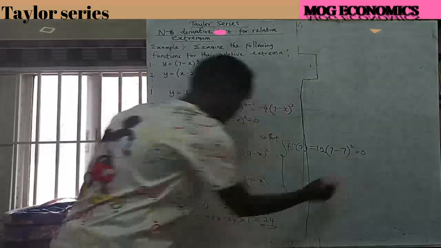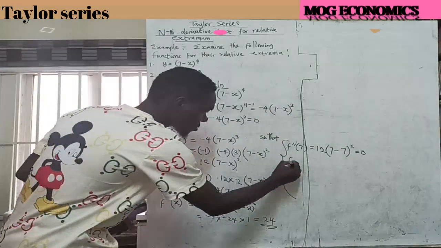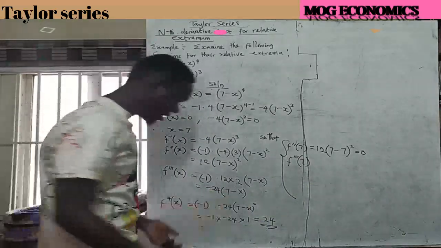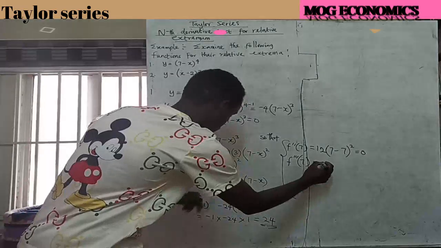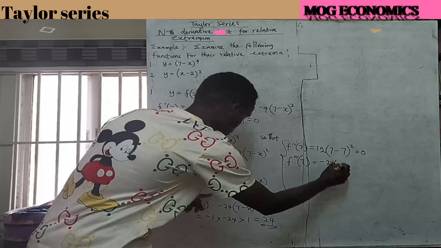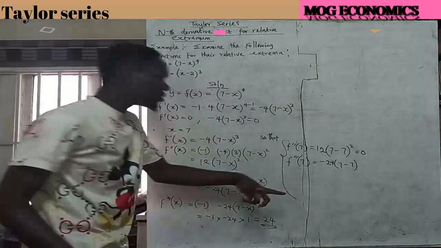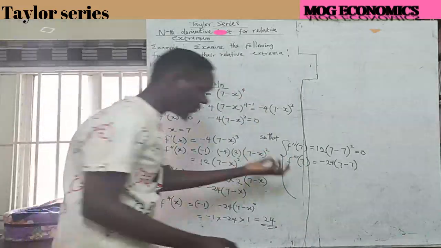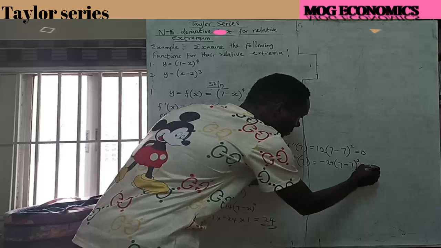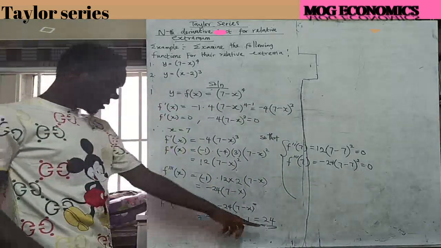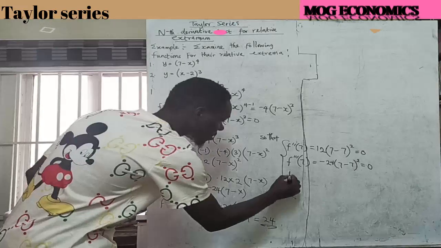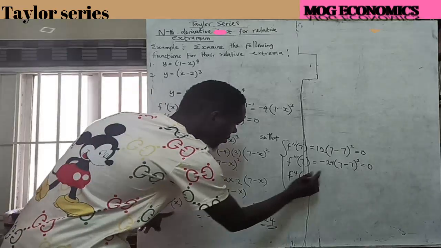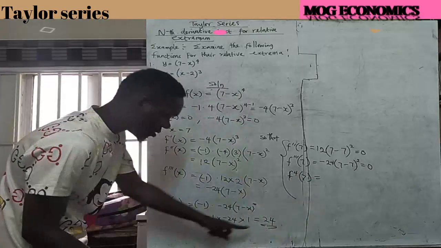For the third order, substituting the value of 7 here, that means even at the third order differentiation, the function evaluated at 7 is still 0. At the fourth order, the value is now positive.